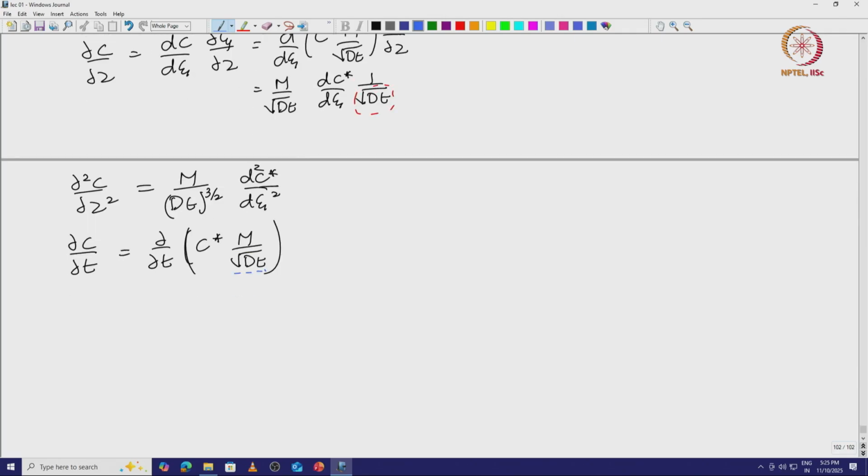So, I have to differentiate this using chain rule, plus C star partial by partial t of m by root dt. So, I have to expand this out using chain rule and then substitute that into the conservation equation and then solve for that. So, this I will continue in the next lecture.